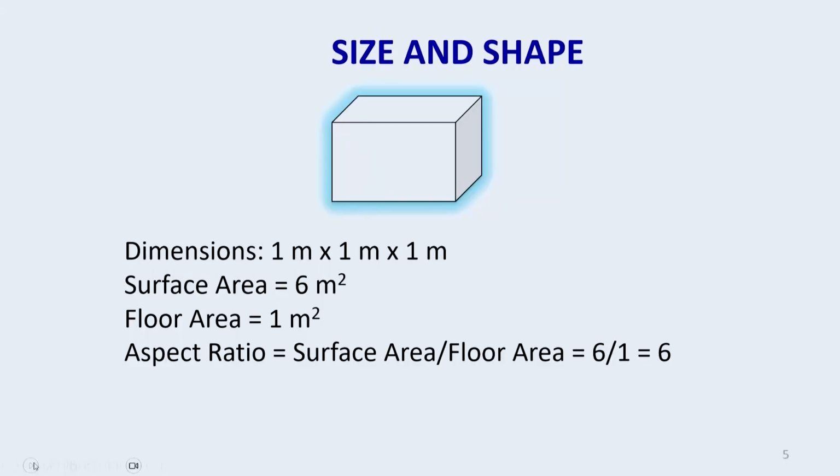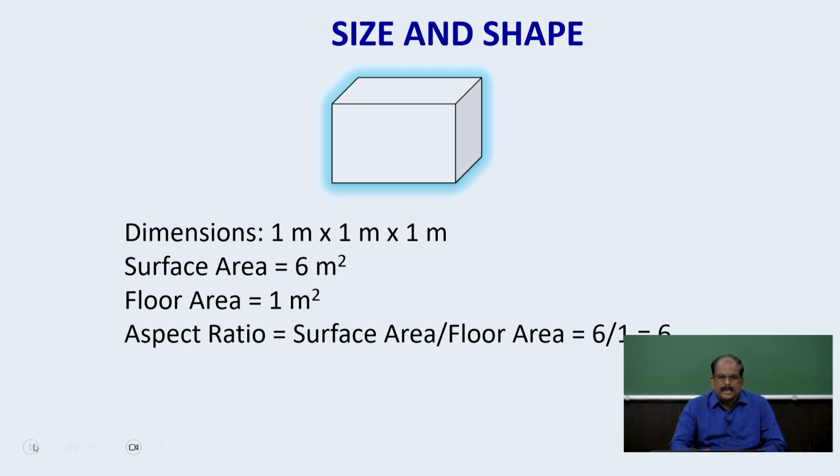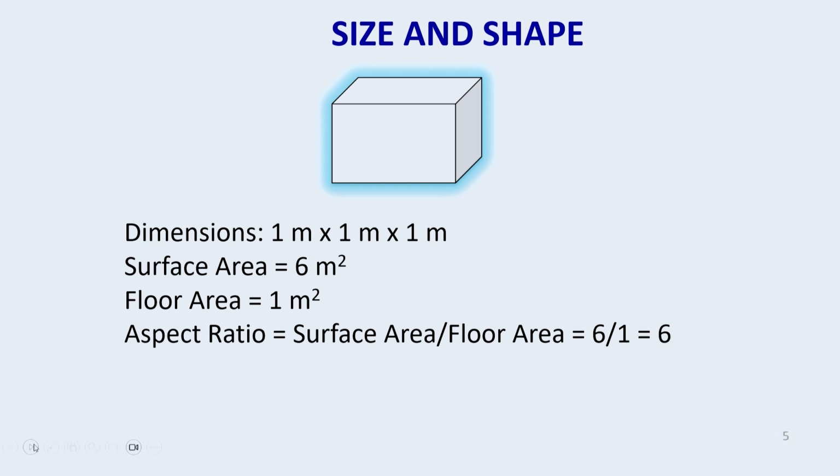When we want to design the cold room, to estimate the size and the shape, there is one factor which needs to be considered, that is the aspect ratio. Aspect ratio is the ratio of surface area to floor area. For example, here I have taken a cube, with the side taken as 1 meter.